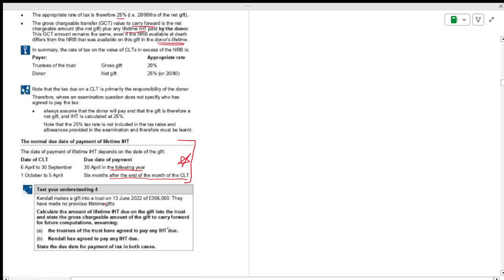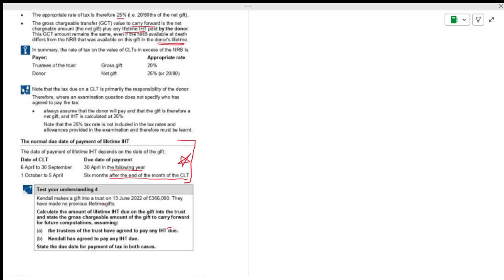So when the donee pays the tax, in these circumstances it will be for a potentially exempt transfer, right? When the donee pays the tax, and when the donor pays the tax, it is for the CLT.